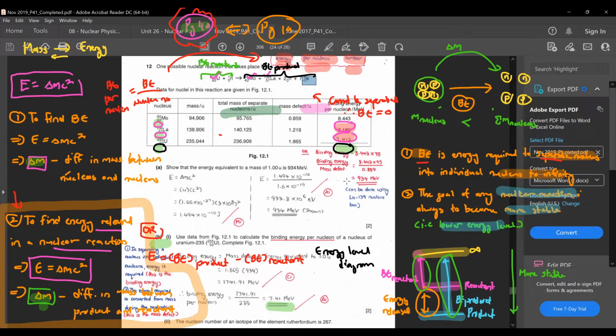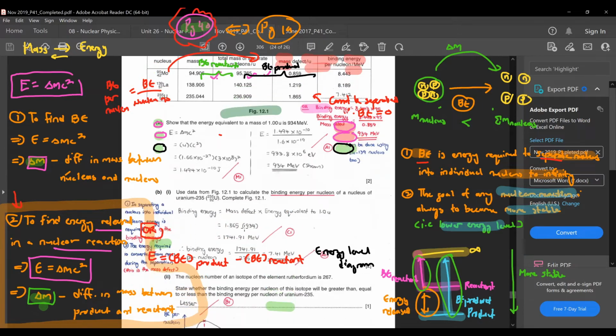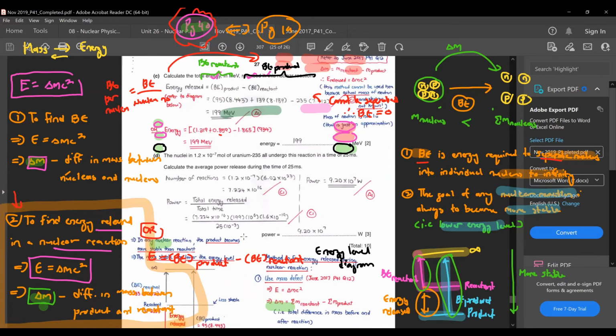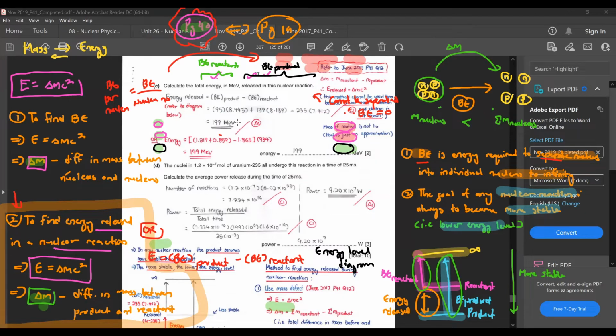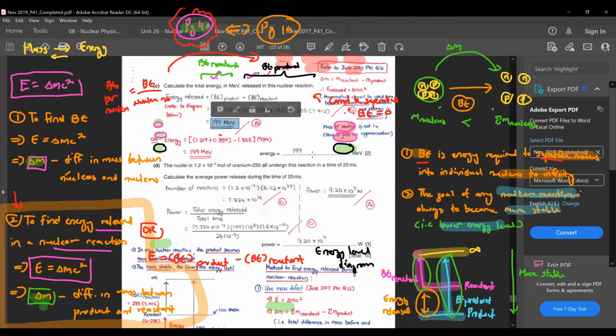So even if you want to apply the concept of BE, which is the energy required to separate it into smaller parts, you notice you cannot apply it because it's really the smallest possible particle. So BE is also 0. Okay, so that one done, you just substitute in all the values. Eventually, you get the answer as 199 MeV. So that one is done.